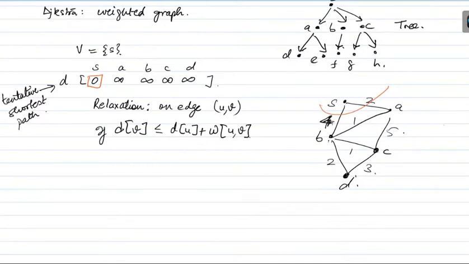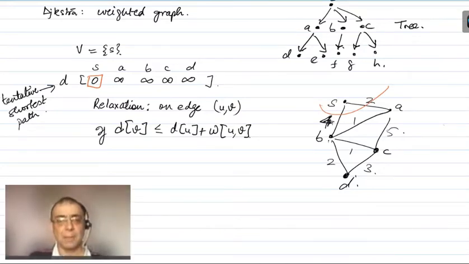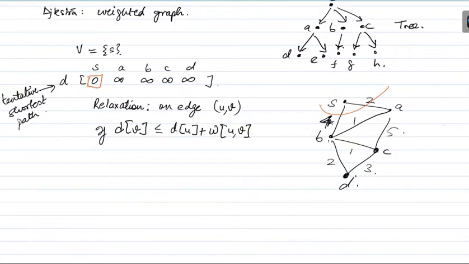If U is already in my set, then I just check if going from U to V, I can get a shorter distance than what is already known for that destination vertex V. If so, then I update: D of V is equal to D of U plus W of UV. That's the relaxation operation.